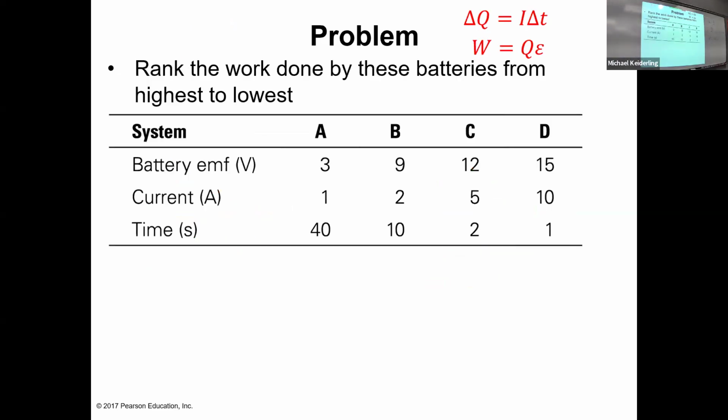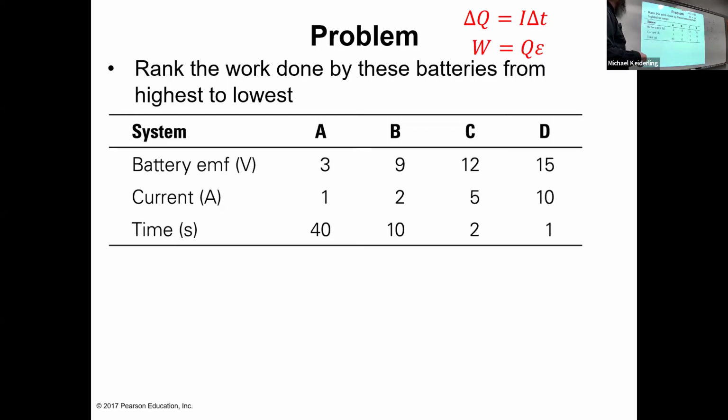So let's rank the work done by these batteries from highest to lowest. We have 4 batteries at various voltages. Battery A is 3 volts, battery B is 9 volts, battery C is 12 volts, battery D is 15 volts. They're running at various currents: A at 1 amp, B at 2 amps, C at 5 amps, D at 10 amps.